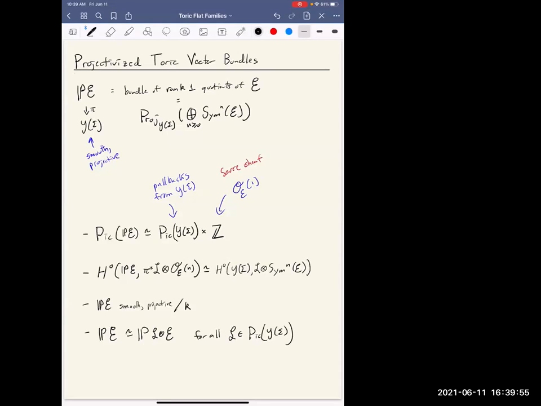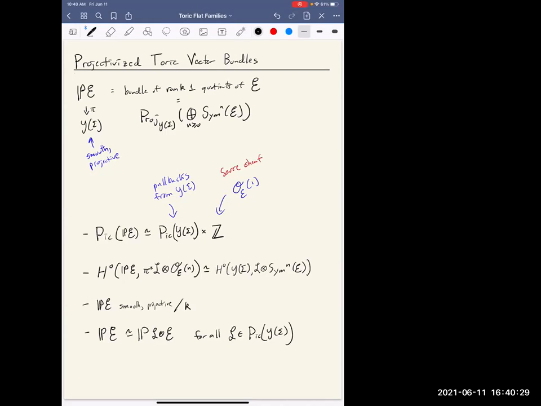This is just an application of the adjunction formula along with an exercise that says that the pushforward of O(n) on these is Sym^n of the vector bundle. So this is nice because we can talk about global sections of line bundles on the projectivized toric vector bundle in terms of computations one does on the toric variety. And since everything in sight has a torus action, this benefits from the combinatorial techniques that you get in that setting.